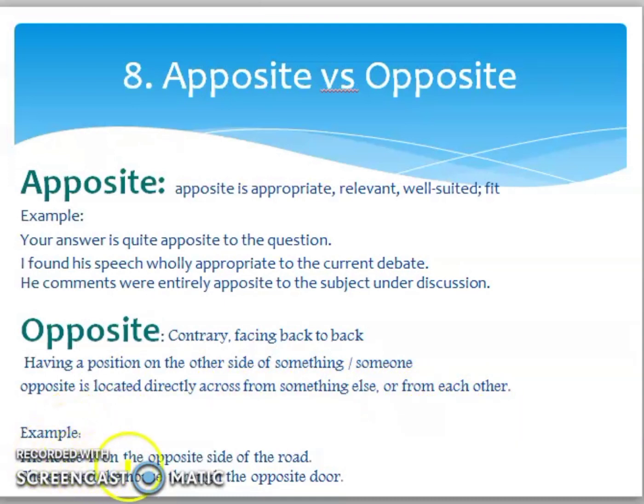Example, his house is on the opposite side of the road. Now here it suggests that the house is opposite the roadside, facing back to back. She entered the house through the opposite door. Not the front door, the opposite door, right?